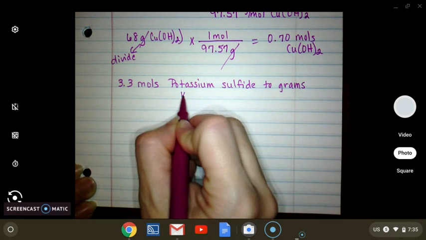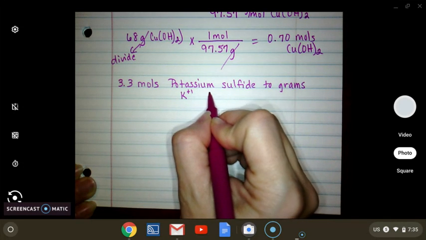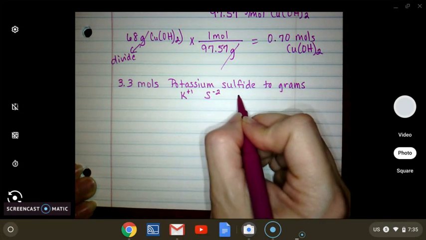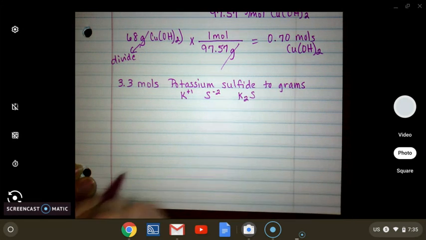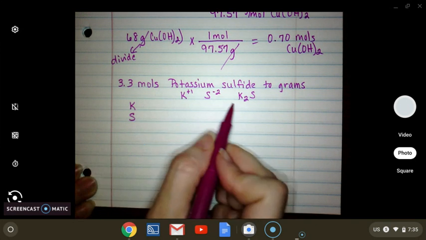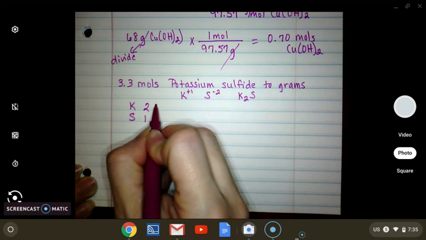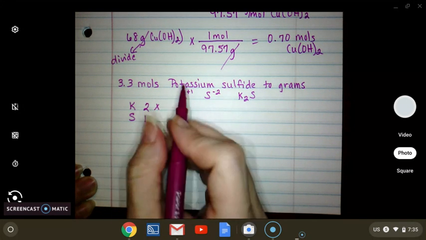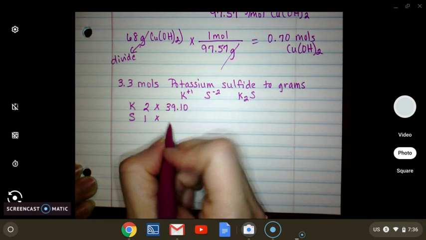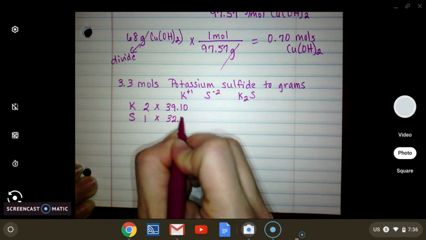So potassium is K plus 1, sulfide is S and negative 2. They switch, so they become K2S. So you split them up. You have 2 potassium, 1 sulfur. Potassium is 39.10. Sulfur is 32.06.